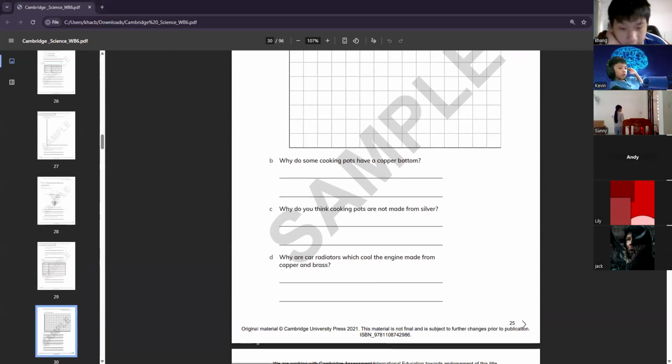So why are these car radiators that cool the engine made from copper and brass? Because it traps the heat inside and does not let the heat out, so it cools the engine. Because of materials that do not contract with heat.